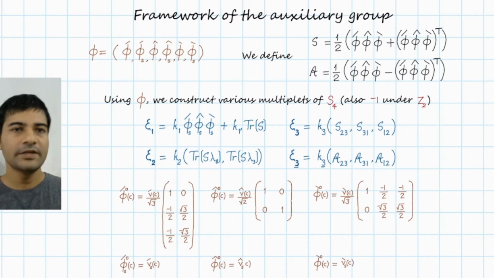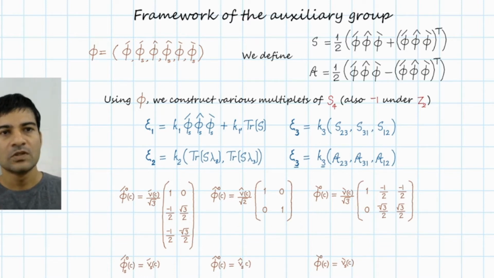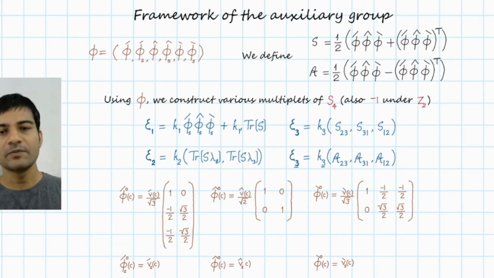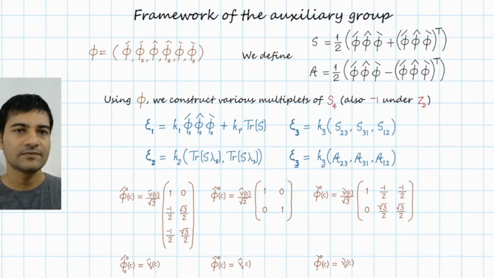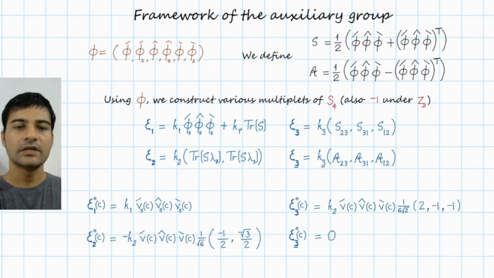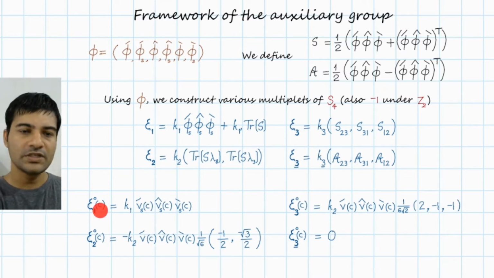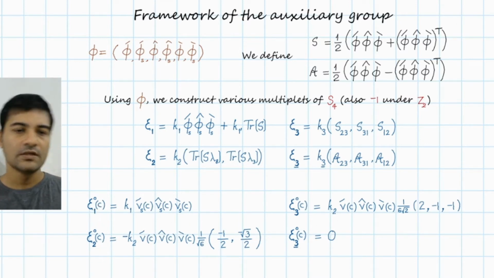We already obtained the stationary point of the elementary field phi. It's given here. So we can simply substitute this in the expressions of the effective fields here so that we can obtain the stationary points of the effective fields. Their values are given here. So they are Xi10C, Xi20C and so on.